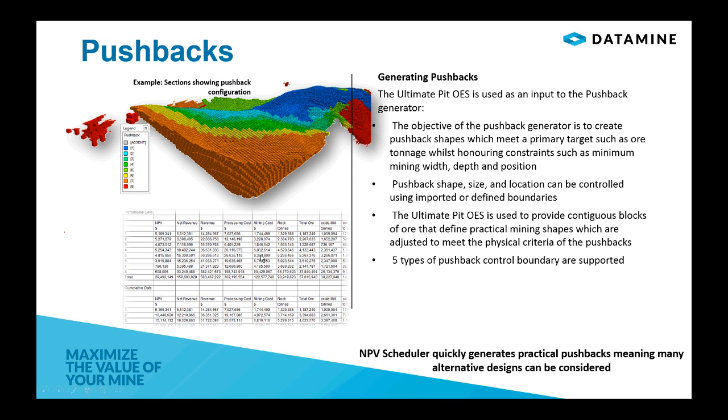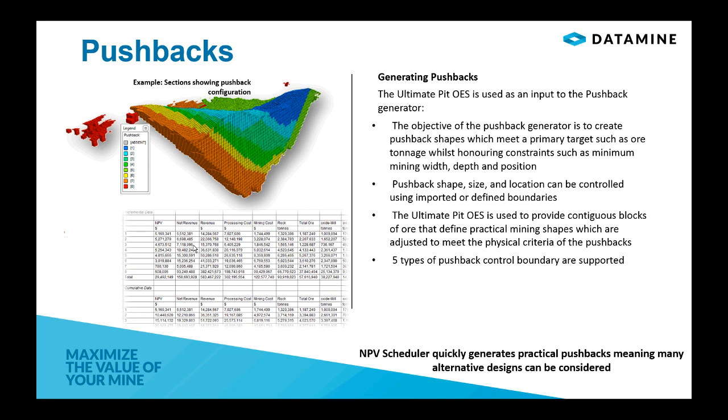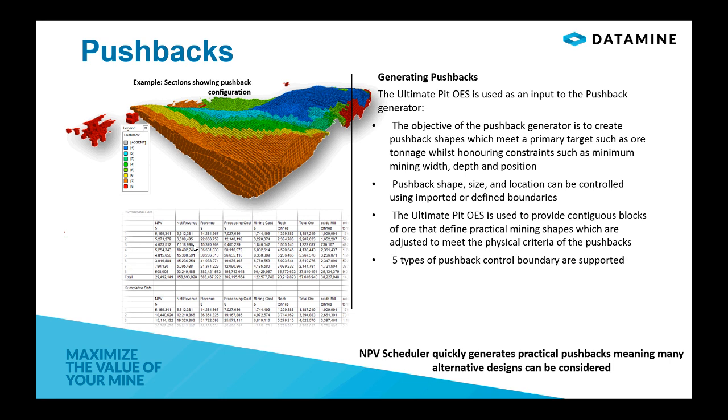At the end of the process, we present a report which is showing what is the content of each of our pushbacks or phases. And additionally, we can review the content of each pushback bench before going to the next stage, generating our schedules.